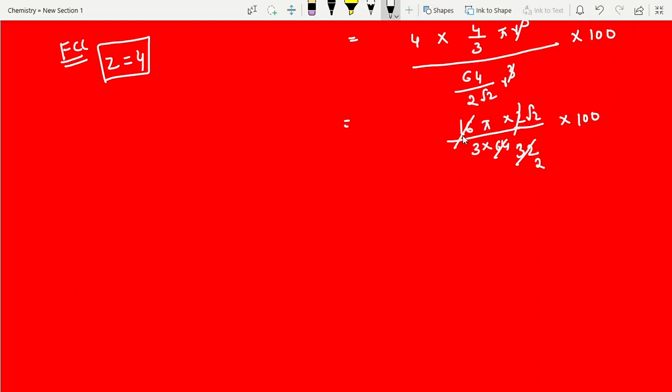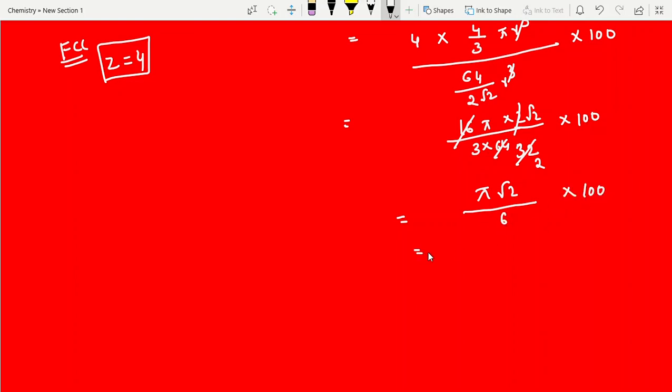Now any cancellation terms? 16 twos are 32, 32 twos are 64. Yes, correct now. Now the remaining part you can write. Any other cancellation terms? No. As it is you can write. What is left out here? 5 root 2 by, next tell me, 3 into 2, 6 into 100, right?